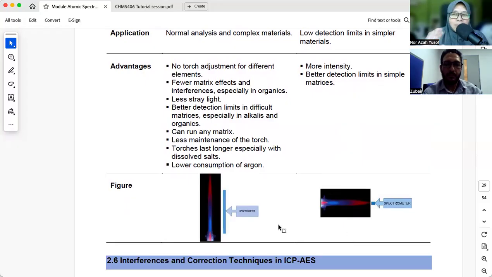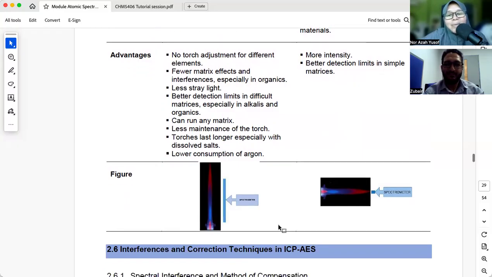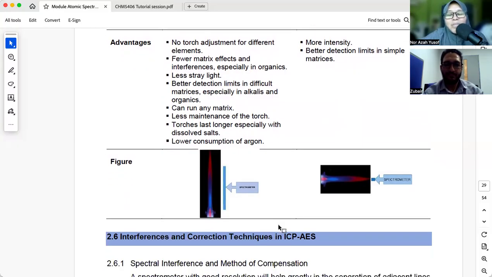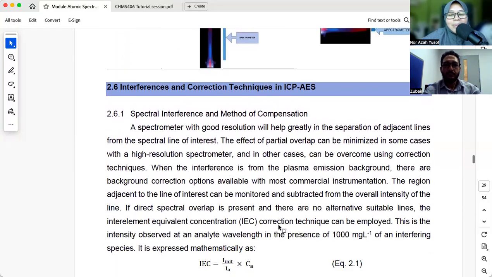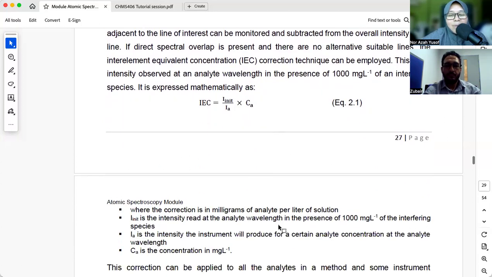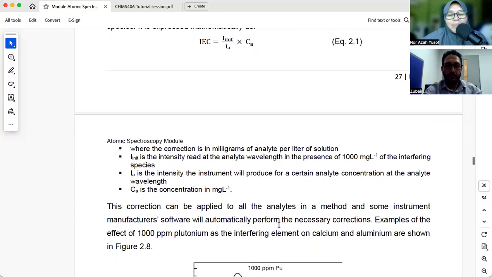I actually don't know how they view, because usually it's the engineer who understands the machine. There are details of the theories of how to read the axial and the radial view.